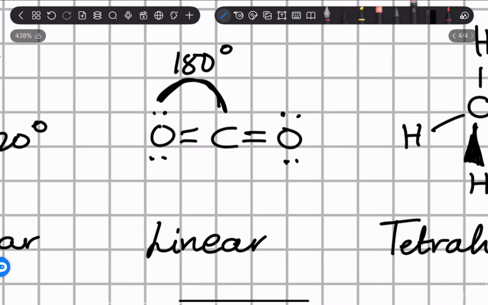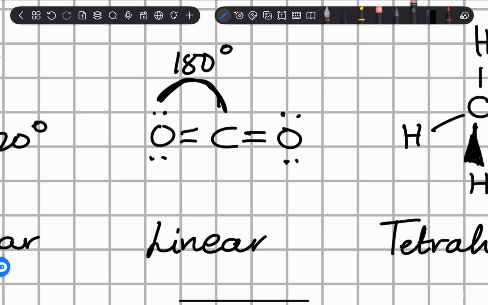Alright, and what we have here, CO2. Now we already know that oxygen has these 2 lone pairs of electrons. Both of these oxygen atoms have them, so that effect is overall cancelled because it's a very symmetrical molecule. Symmetrical molecules are usually planar.